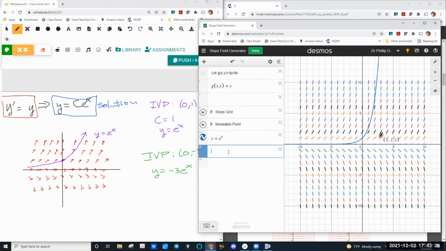What that -3 does, we know from algebra, reflects it over the x-axis. So these are two unique solutions for our two initial conditions. And that's how the solution relates to the differential equation graphically: it is the graph that goes through our differential equation.